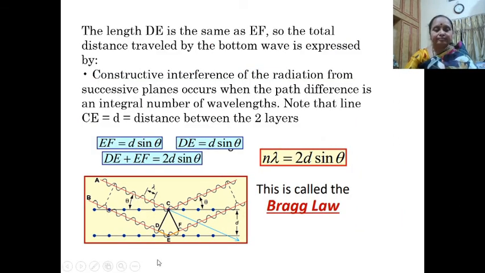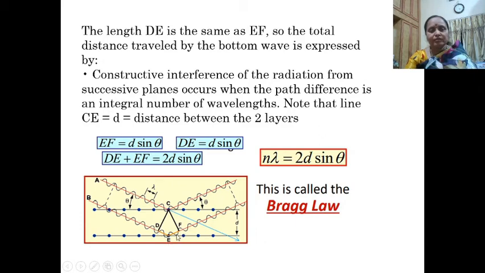The length DE will be the same as EF. The distance traveled by the bottom wave is expressed through EF, which will be equal to d sin theta.